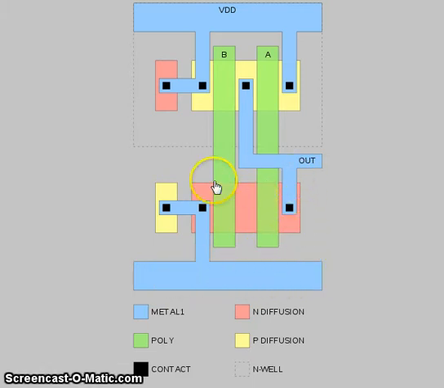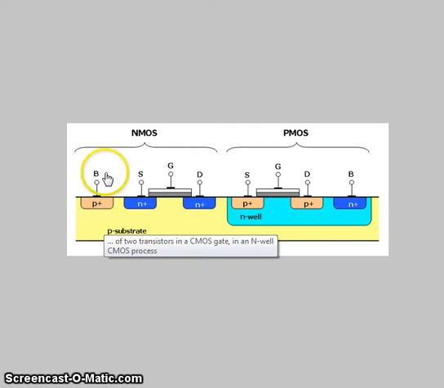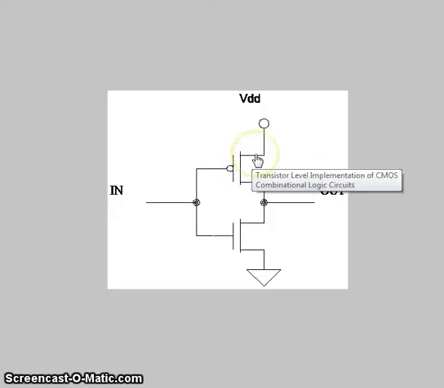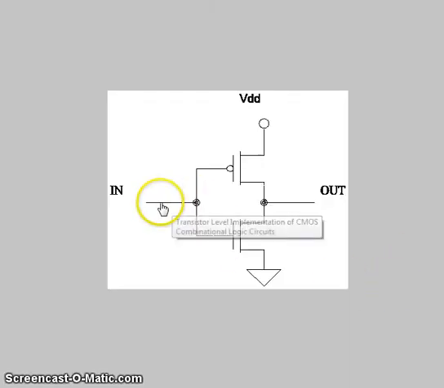This N diffusion will be connected through a P diffusion, again to ground, as we saw in our schematic view here. Source connected to substrate, and it will be connected to ground. Here our source is connected to substrate, connected to VDD. Our drain connected to substrate, connected to VDD. And then finally, in to out.